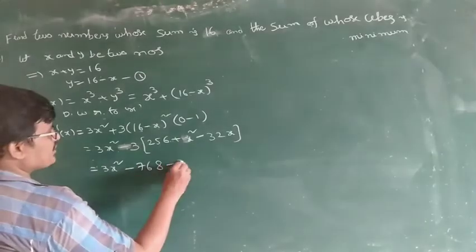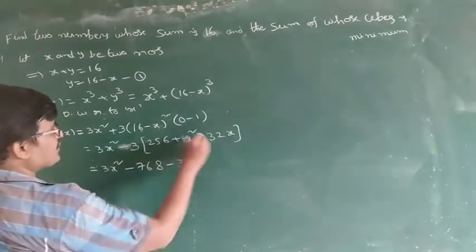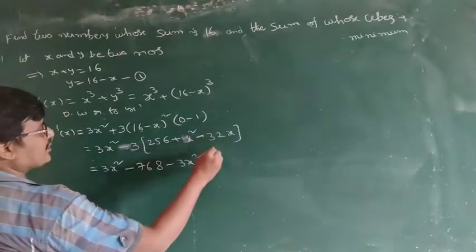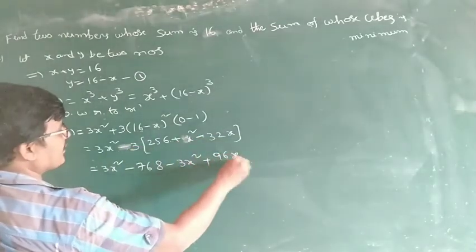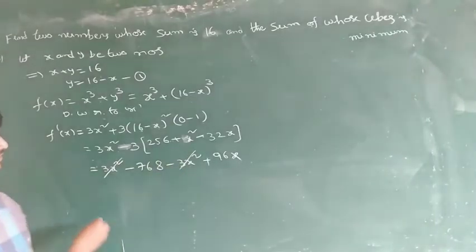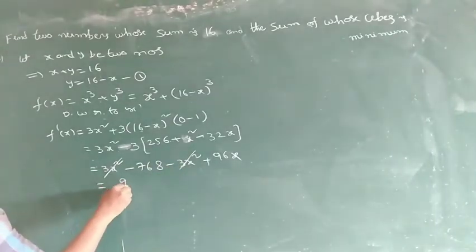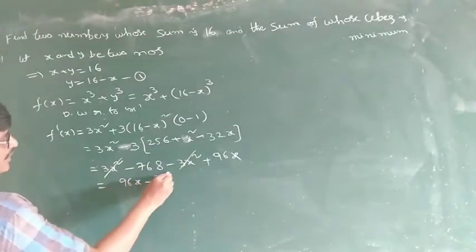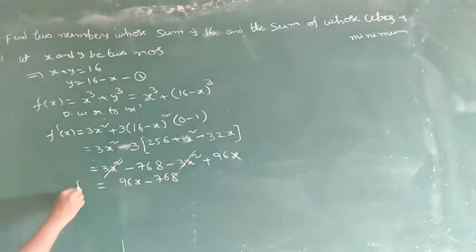So that is equal to 3x square minus 3x square, 256 into 3 is 768, and then plus 3 into 32, so 96x. The 3x square cancels. So 96x minus 768. This is f dash of x.